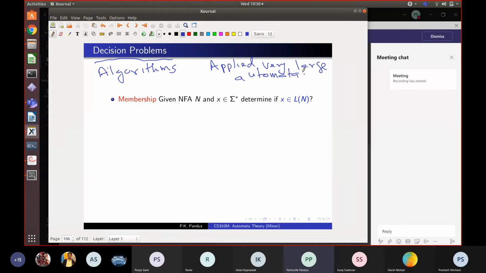So, for example, you could have a digital circuit with, let's say, 100 flip-flops in it. Each flip-flop will have either 0 as a value or 1 as a value. So the number of states of such a circuit is 2 raised to 100. Now, imagine this automaton has 2 raised to 100 states. It will take some input.